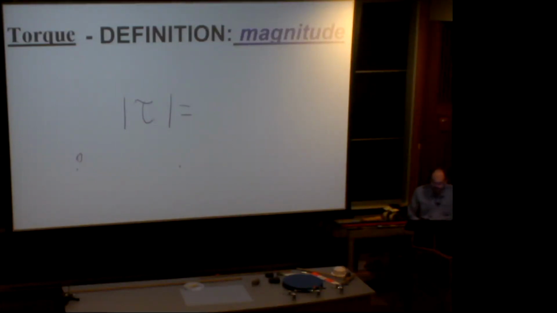Second point, the point of application of a force. The force itself, the distance, the component of the force that is perpendicular to the line connecting the dots, and then you can write this. So you see, it's a kind of complicated definition. It involves several important steps. If you make a mistake with one step, the result will be wrong.